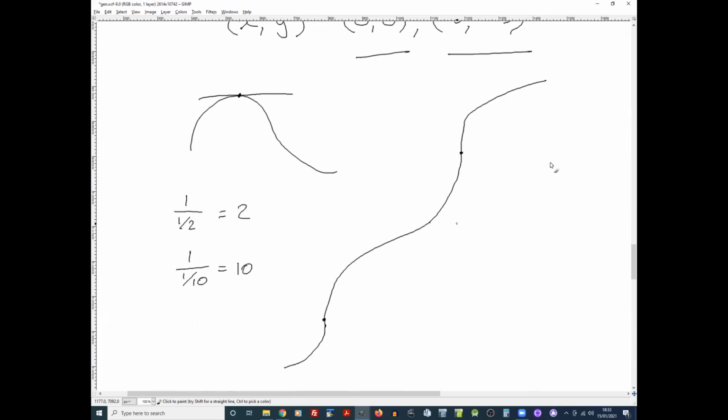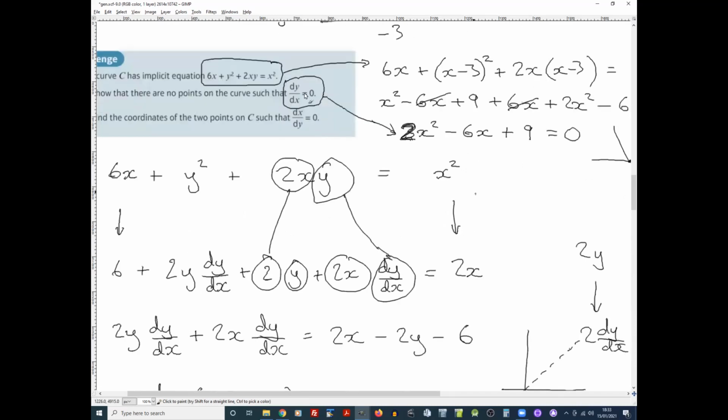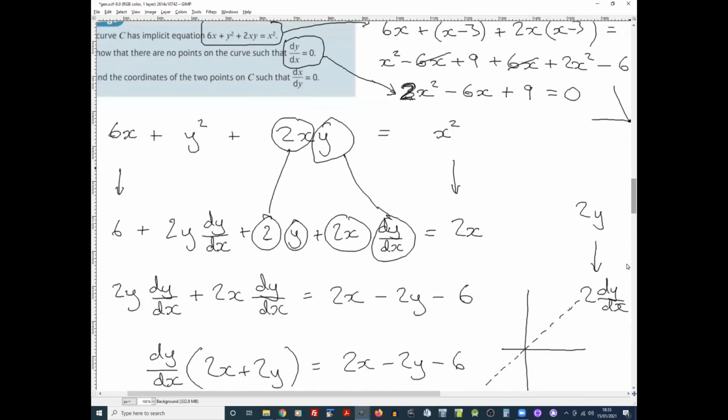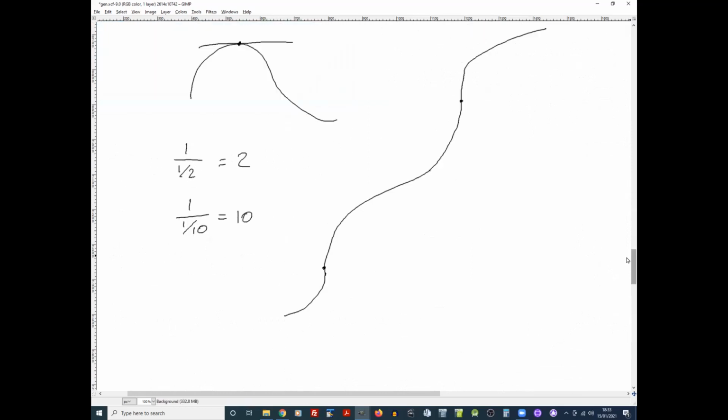Which is why we're not really allowed to talk about the gradient of a vertical line, because the denominator would be 0, and therefore the value of the fraction would be... If we do 1 over a million, we get a million. The gradient was getting bigger. So it'd be too big.